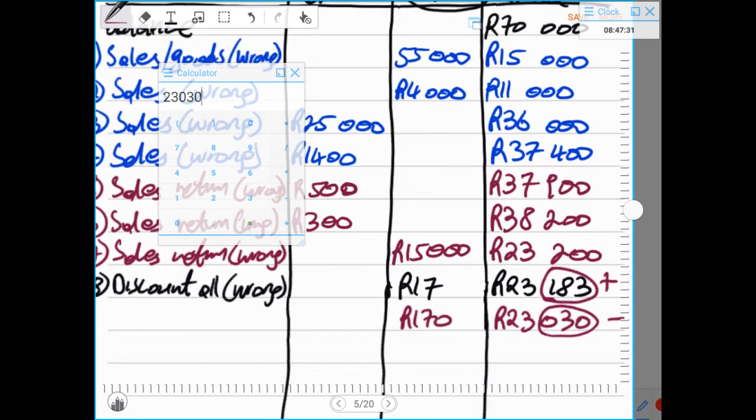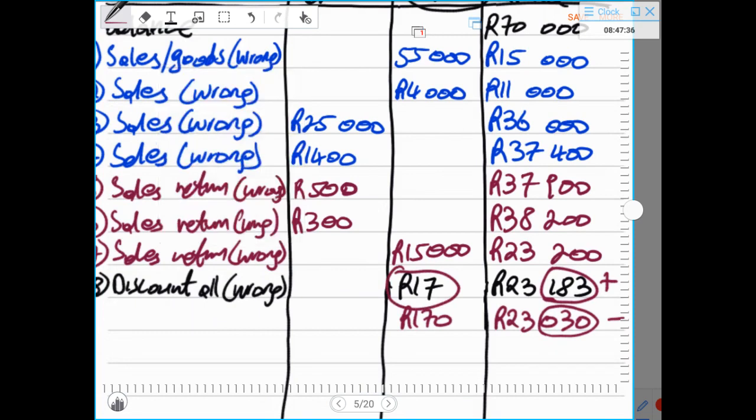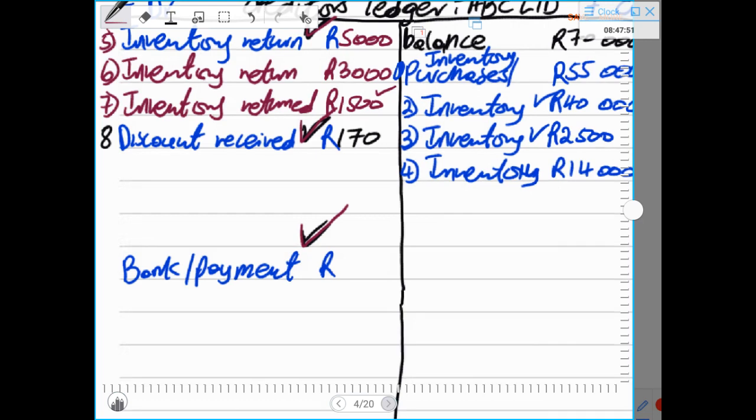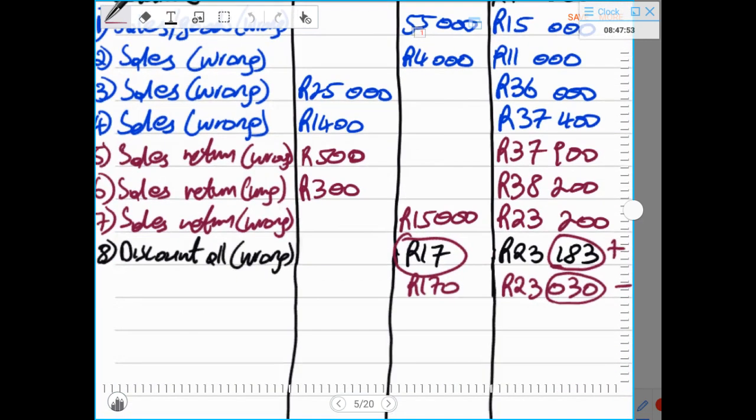So as I said to you, recording an understated amount on the credit side of the statement, meaning an understated return, an understated discount, or an understated payment, will always overstate the balance. And you can see that the balance is overstated.